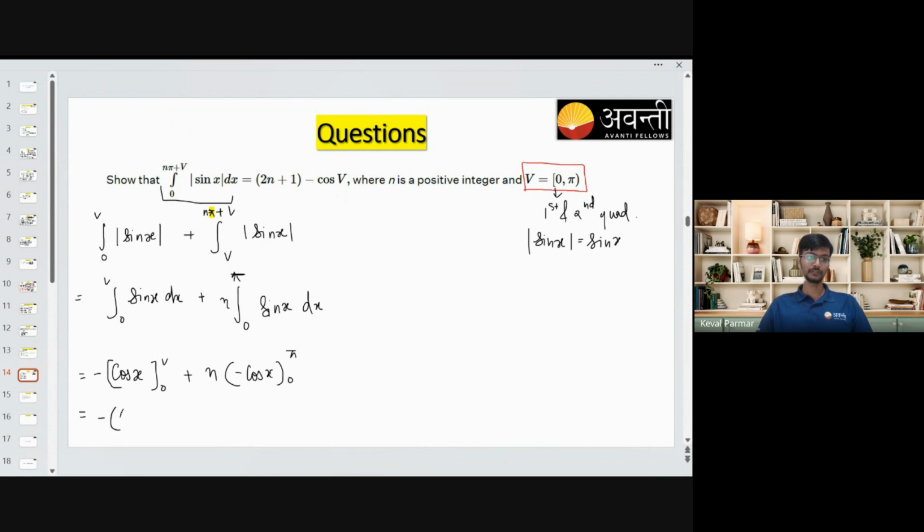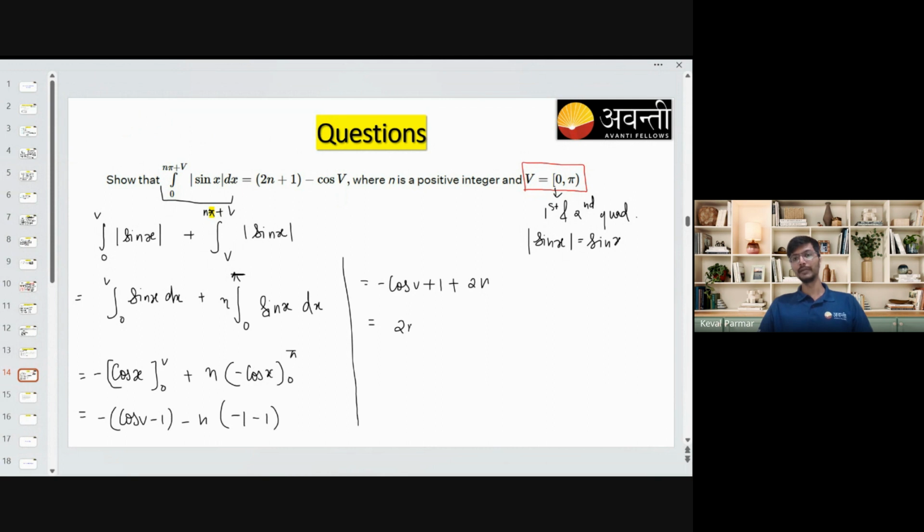This will give minus of cos v minus cos 0, which is 1, plus, I can write it as minus n cos pi. Cos pi is minus 1, cos 0 is 1. So what I got, guys, I got minus cos v plus 1 plus 2n. So I can group it.